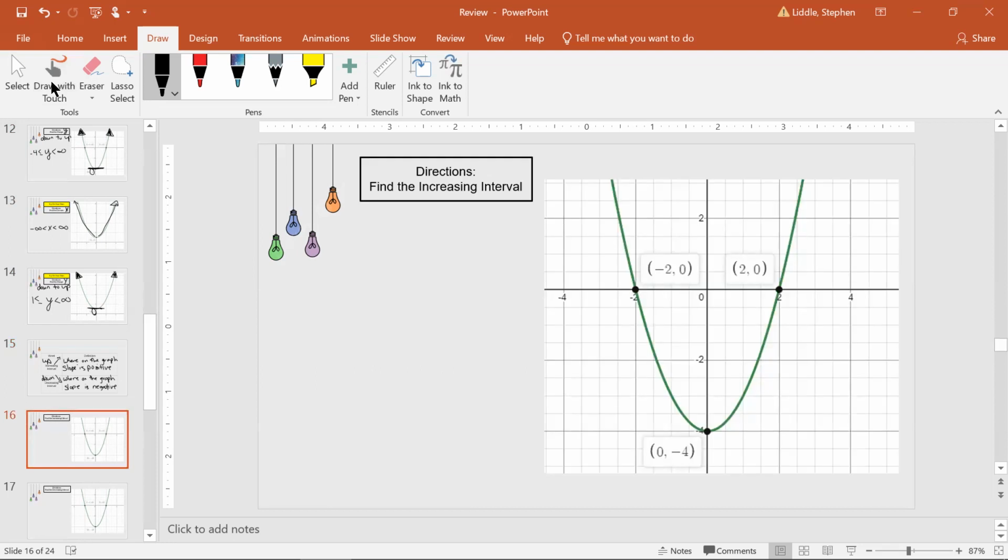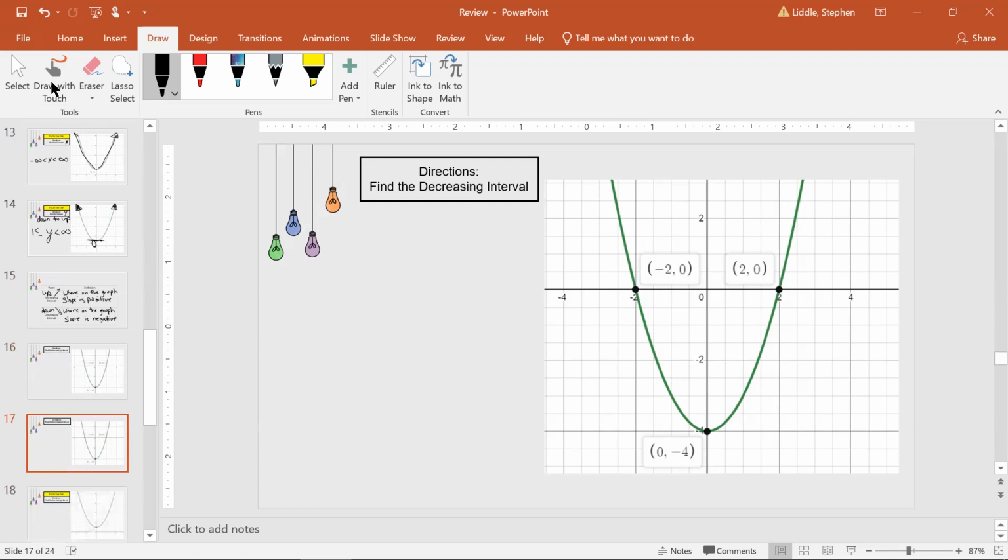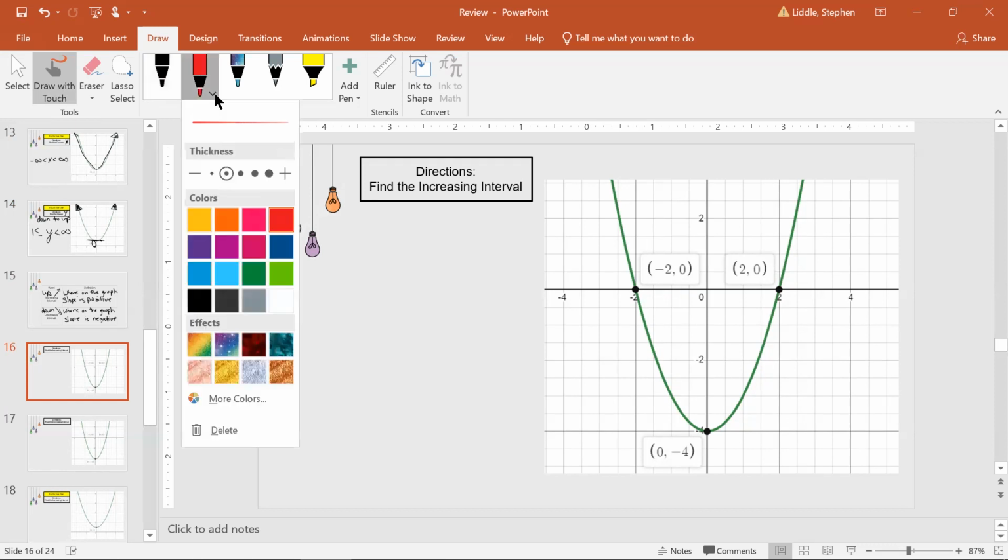We want to find the increasing interval and the decreasing interval of our graph. To make this a little easier, I've chosen a graph and given you all the points. So let's start with increasing. Increasing is where our green line, or graph, is going in an upward direction, or our slope is positive.